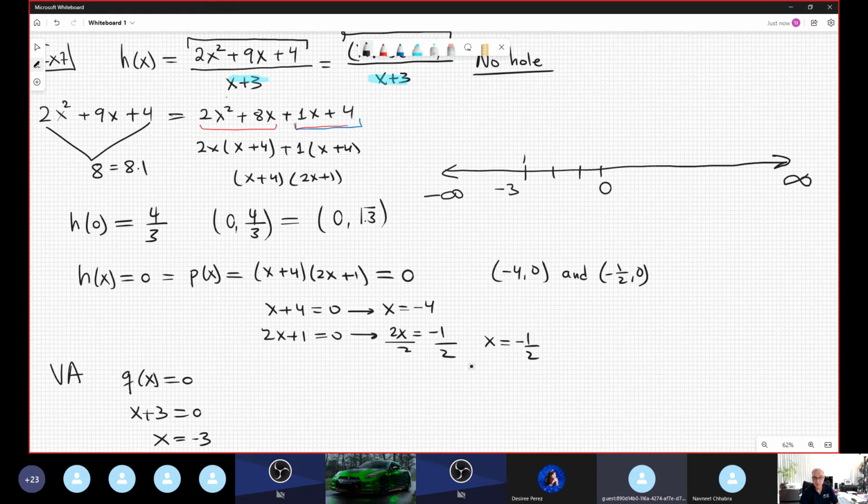And at negative 2 we have the vertical asymptote. But we have the x-intercepts at negative 4 here, and negative 1/2. In negative 1/2, this is negative 1, this is negative 2. I suppose it's in the middle here. This is the point negative 1/2, 0.